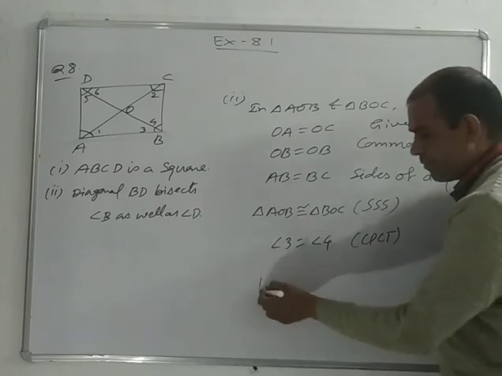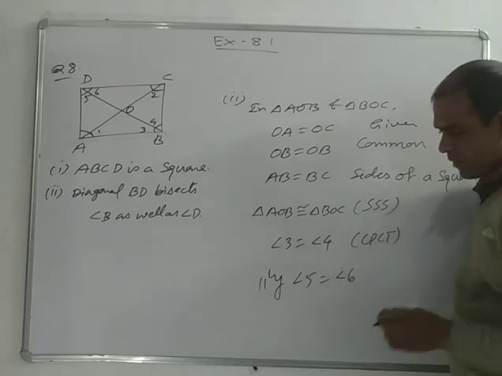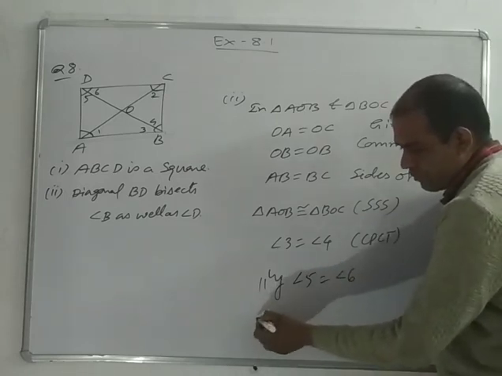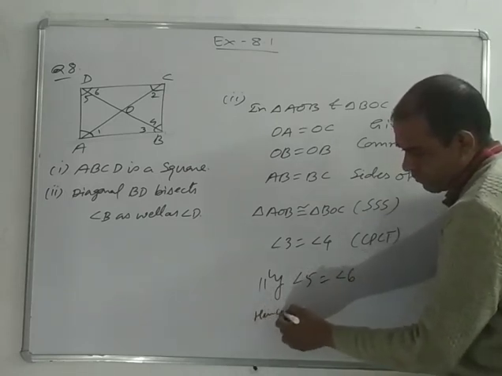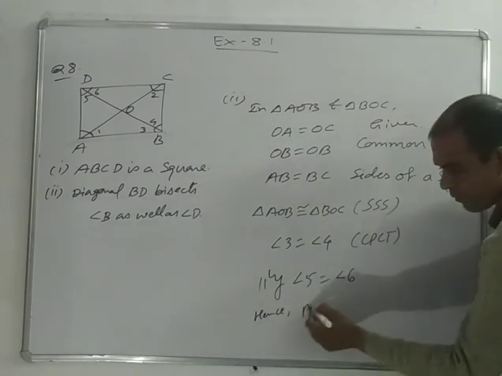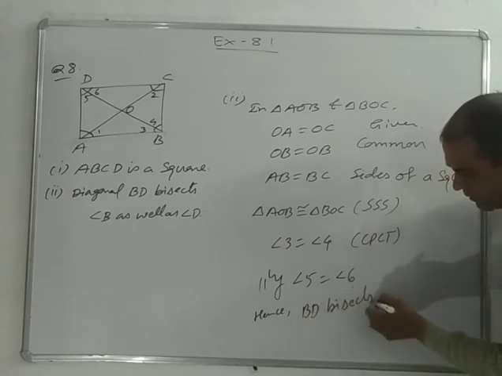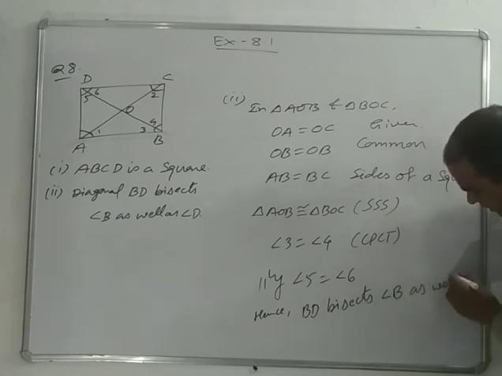Similarly, angle 5 equal to 6. So diagonal BD bisects angle B as well as angle D.